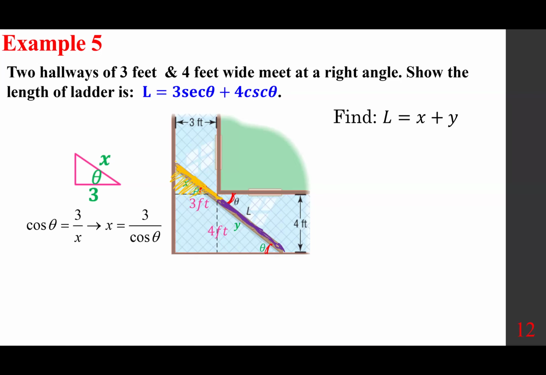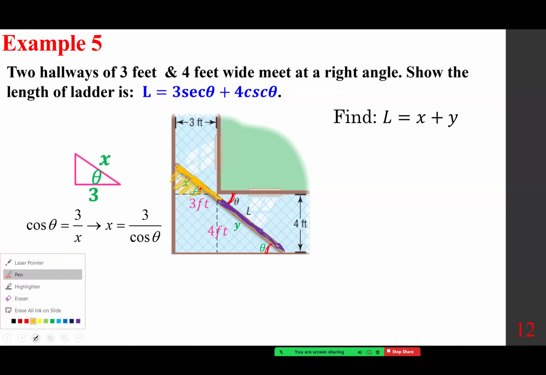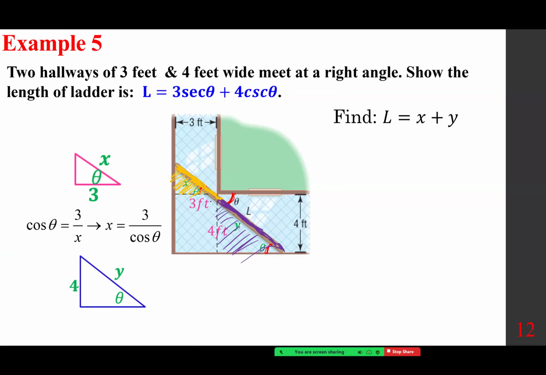So x is 3 over cosine theta. This one has the sides 4 and y and this angle theta. And sine theta is the opposite, 4 over y, which results in y being 4 over sine theta.